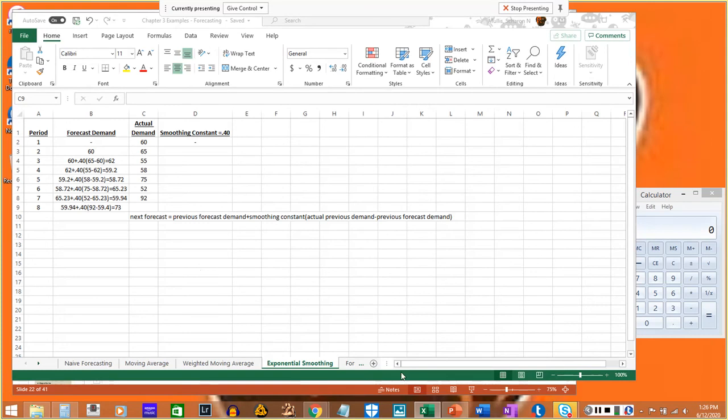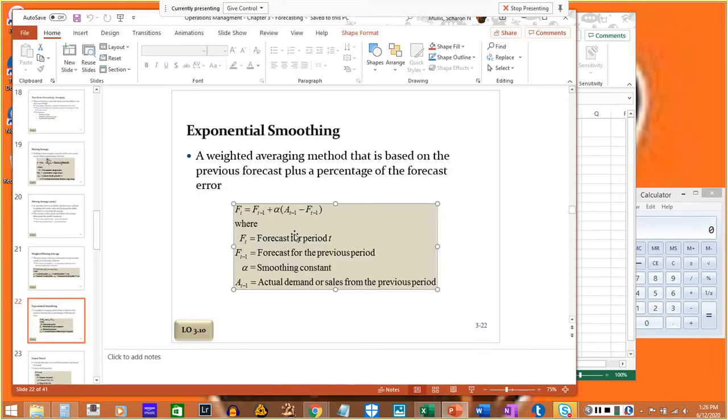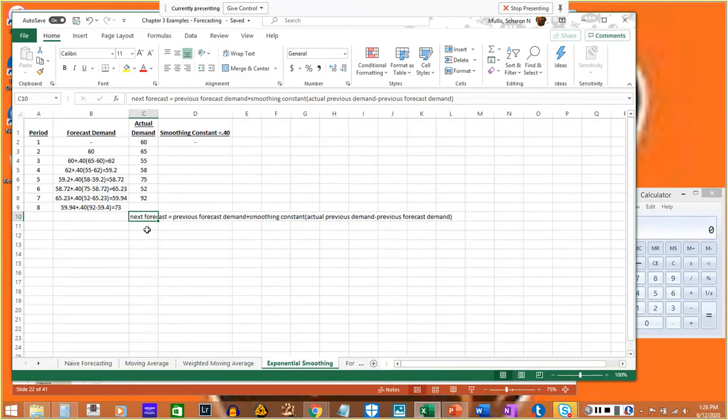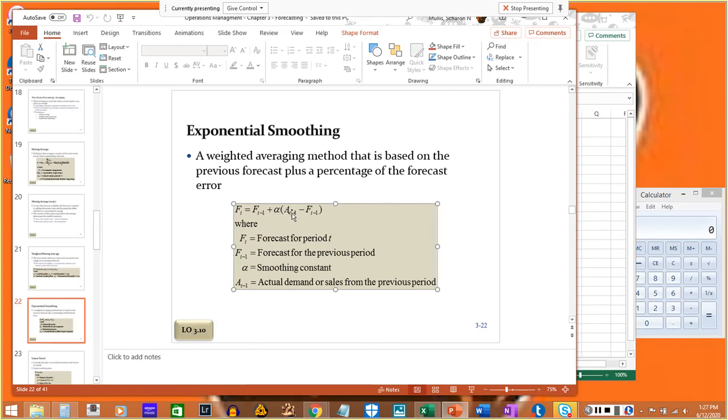But just remember, if you want to use this equation, you can, or this equation, which is a little bit easier, where the next forecast equals the previous forecast demand plus the smoothing constant times actual previous demand minus the previous forecast demand. This is what this says in English.